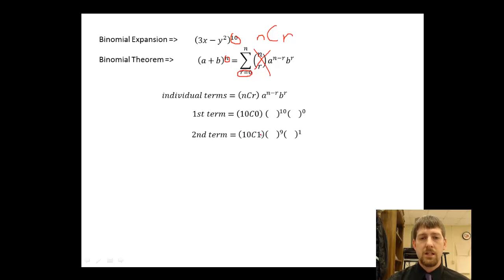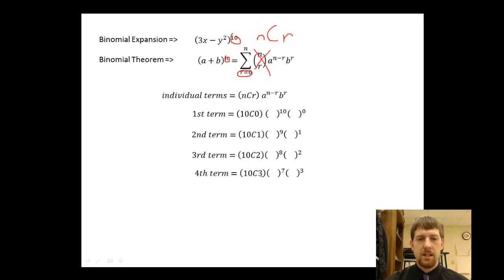Second term, 10C1. Now, 10 minus 1 decreases me by 1. Well, if my whole thing has to be powers of 10, 10 and 0 is a power of 10. 9 and 1 gives me a power of 10. So we're just going to keep going through, keeping that power of 10. So the third term, 10C2, and there's my 8, and there's my 2.